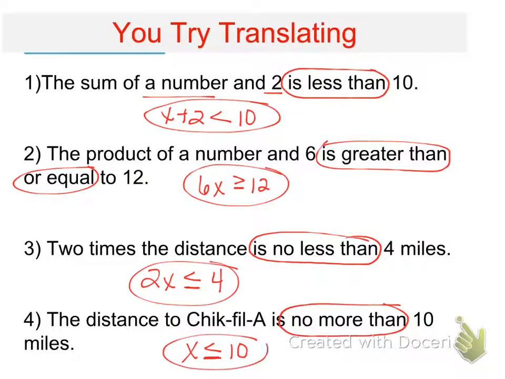X is less than or equal to 10. Now, if you can't reason these two out, some of us are logic thinkers and some of us are not. There's nothing wrong with being either way. But if you don't understand the logic behind these two, you need to memorize them. They're in your notes. You need to memorize them because I expect you to know both of these.